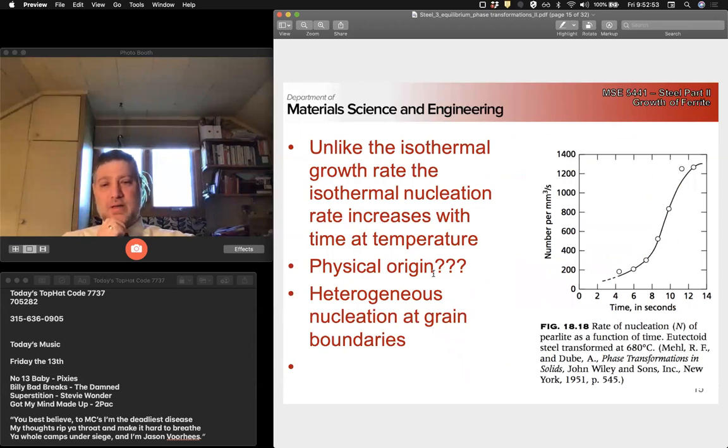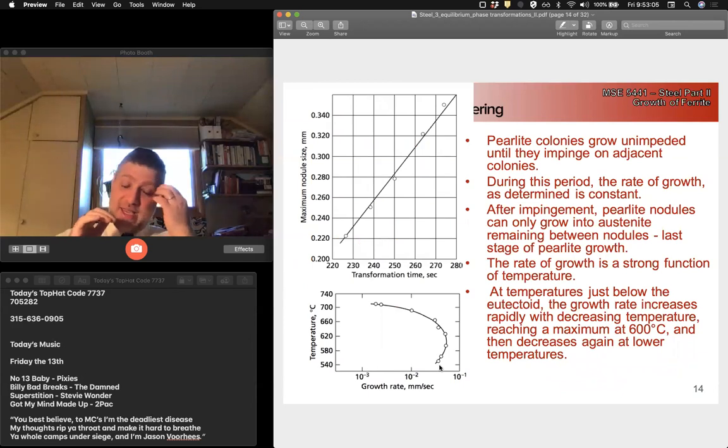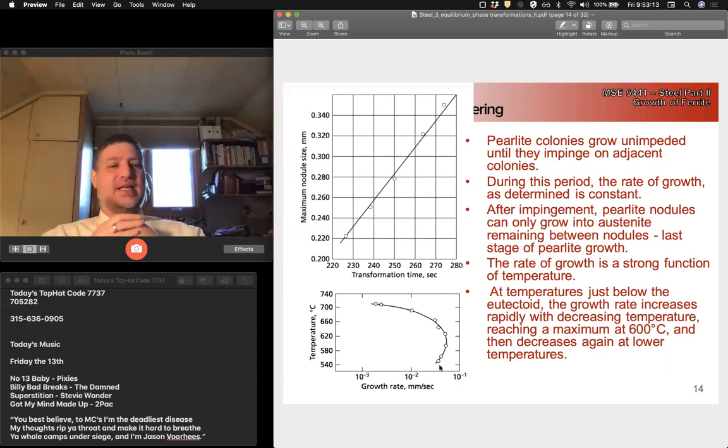So what this tells you is that this pearlite structure is not going to really have any relationship to the prior austenite grain size, right? It's going to completely erase the austenite microstructure, right?